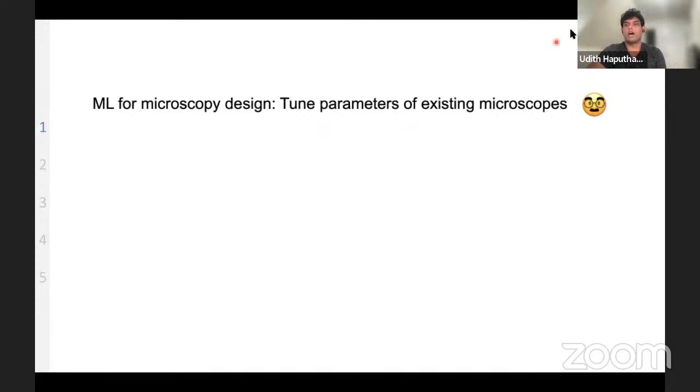So how has machine learning been used for this paradigm? There are a lot of works that use machine learning to tune parameters of existing microscopes.